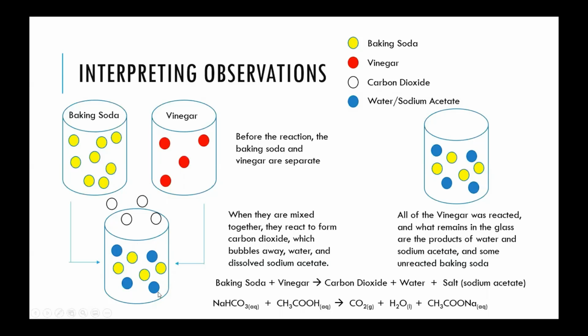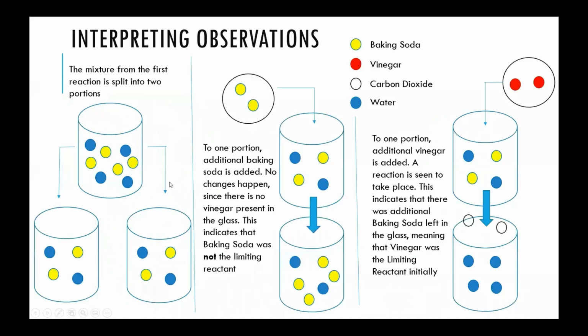But there can be excess baking soda or vinegar present in that solution as well. So when you have your product solution, there's again the product, the water and sodium acetate, and any unreacted material. You're separating that into 2 components.